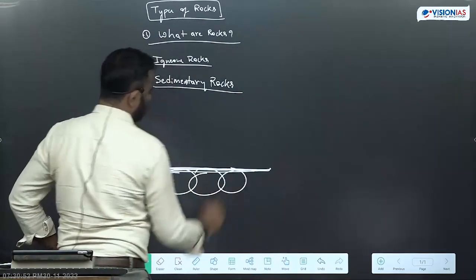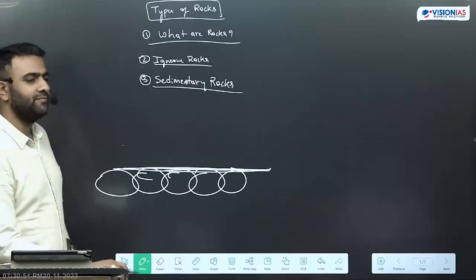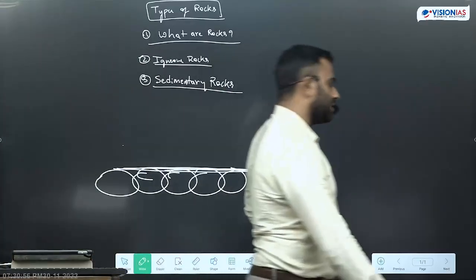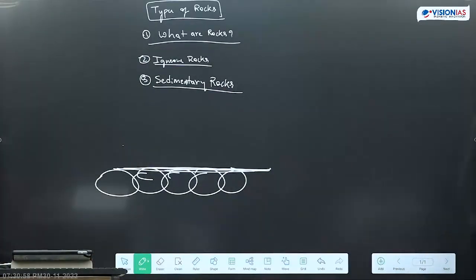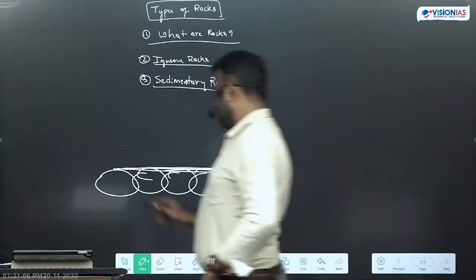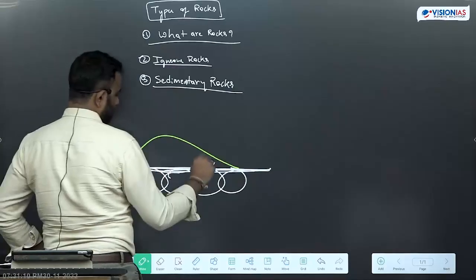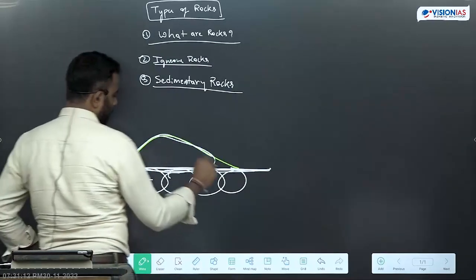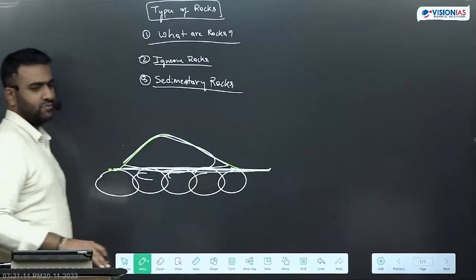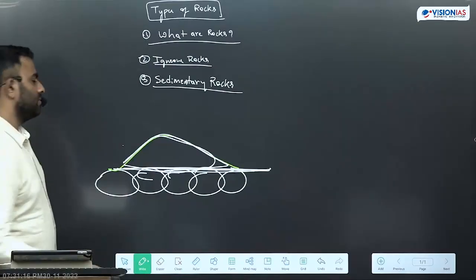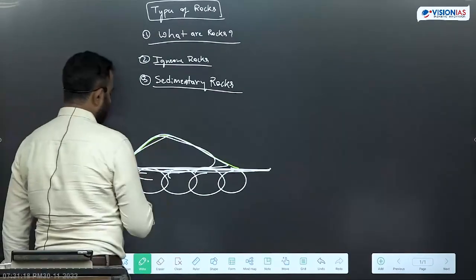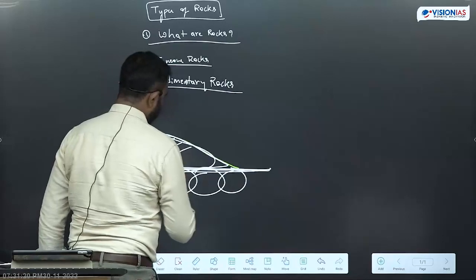They don't get broken down very easily. The nature's forces will not be able to reach it there, and it will take a long period of time before they get exposed. Let's say there is an exposed part of it, a ridge type of structure. An elevated part is what we call a ridge, which is also called an outcrop.